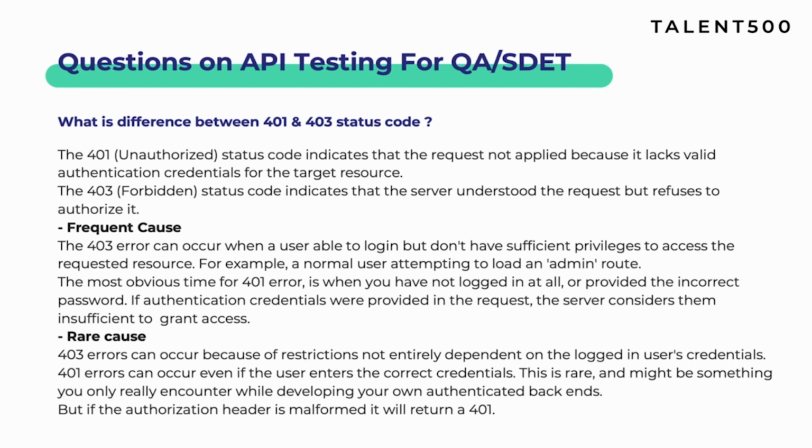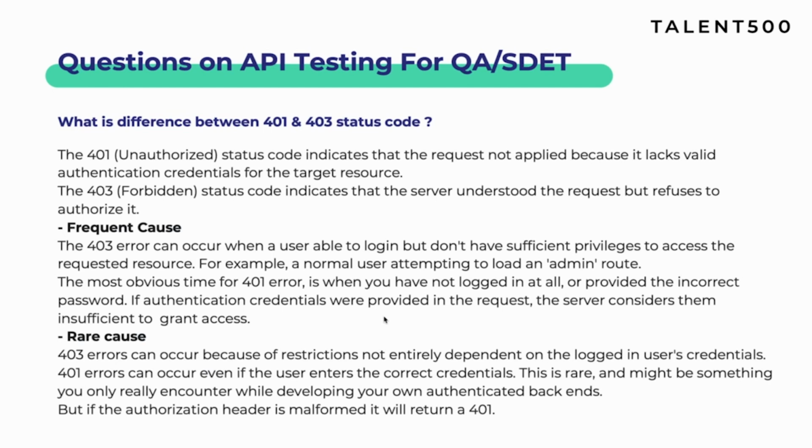So the question is, what is the difference between 401 and 403 status code? The intention behind this interview question is to see how well you understand the difference between authorization and authentication, right? So why is that? 401 you usually get when there is a mistake in credentials. What do we mean by that?